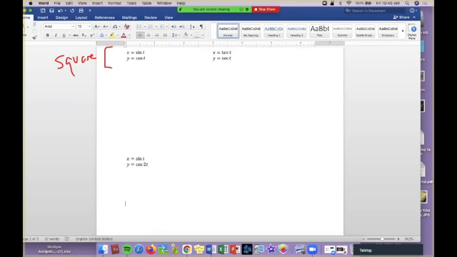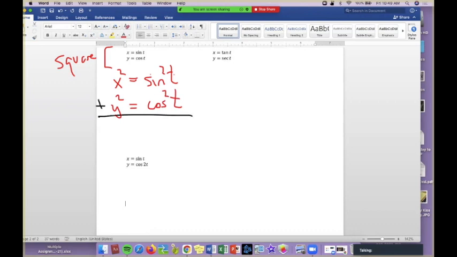So if we square both sides of the first equation, we have x squared equals the sine squared of t. And if we do the same thing to the second equation, y squared equals cosine squared of t. And then we'll just add them together.